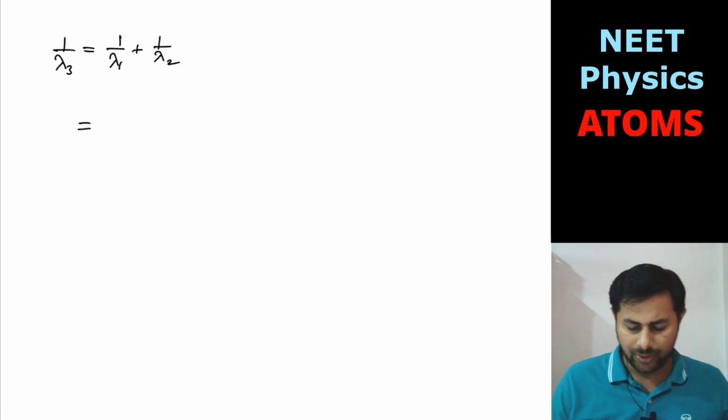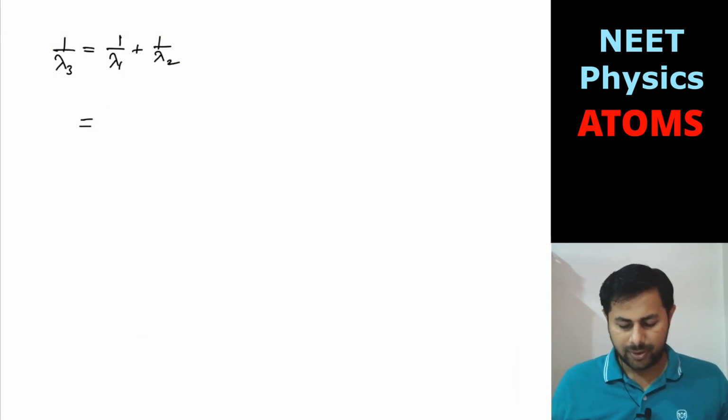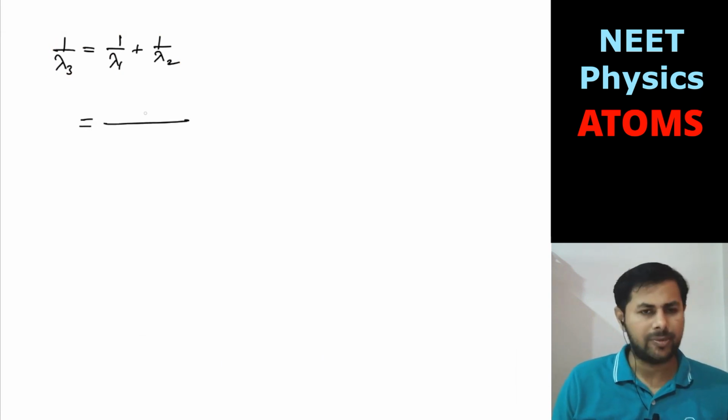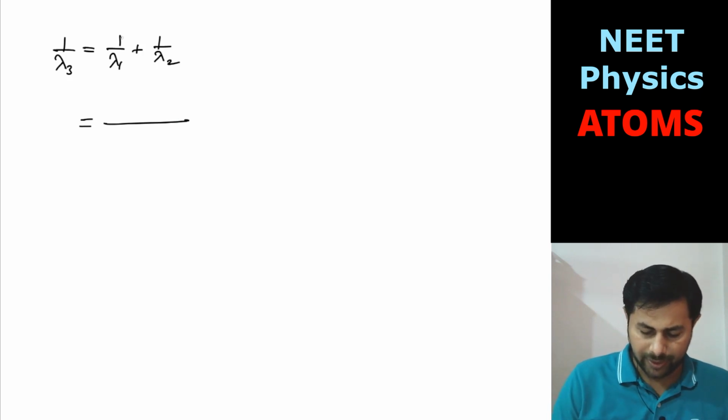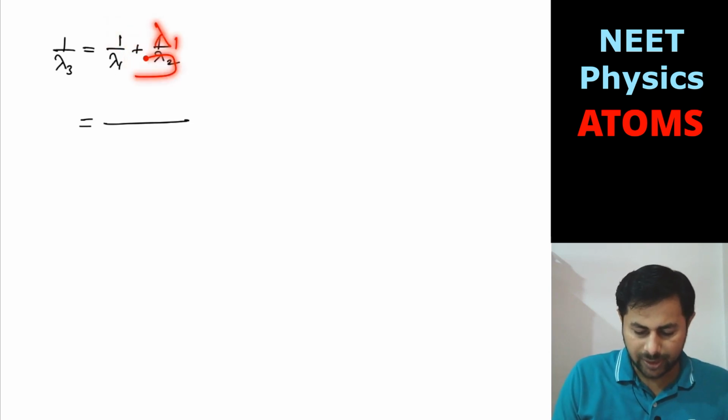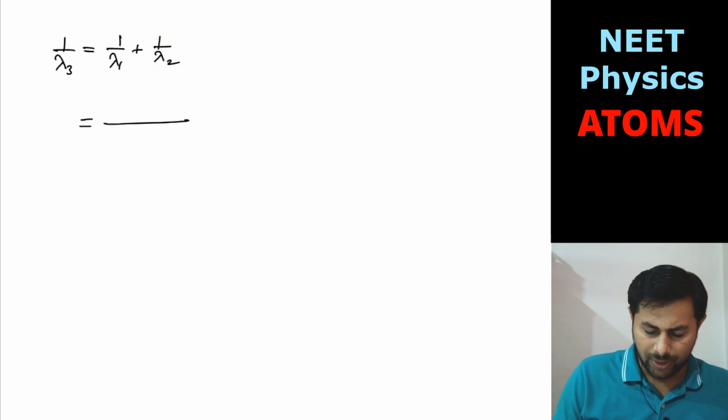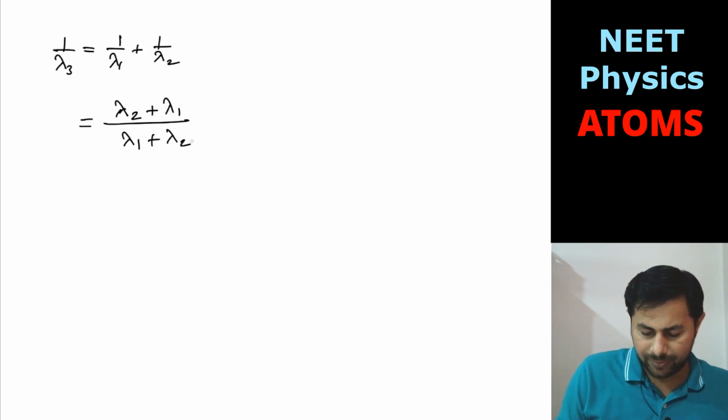So 1 by lambda 3 is equal to 1 by lambda 1 plus 1 by lambda 2. Just do cross multiplication. So this would be lambda 2 divided by lambda 1 lambda 2, and this would be lambda 1 divided by lambda 1 lambda 2. So this is lambda 2 plus lambda 1 divided by lambda 1 lambda 2.